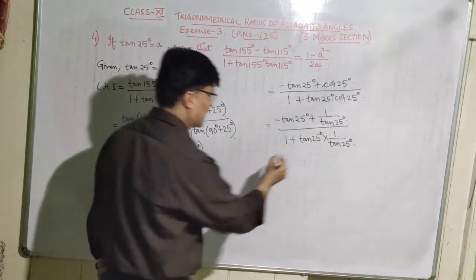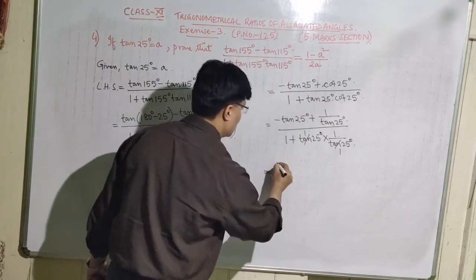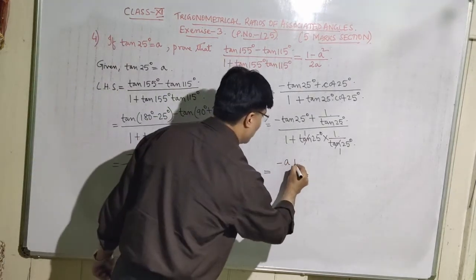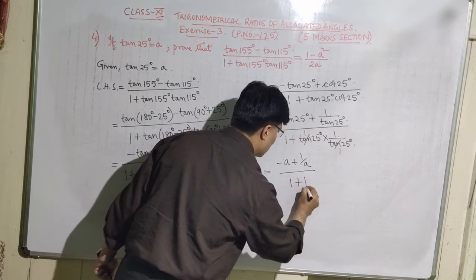Is that clear? So you can cancel it, this is one. So which is equal to minus a, because tan 25 is a, plus 1 upon a, whole divided by 1 plus 1.